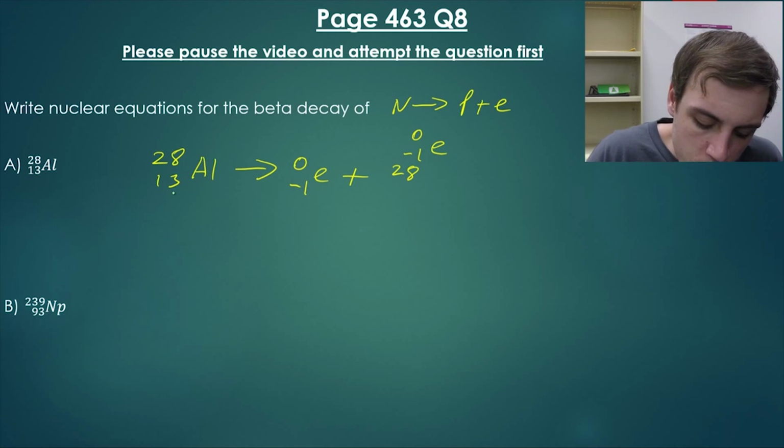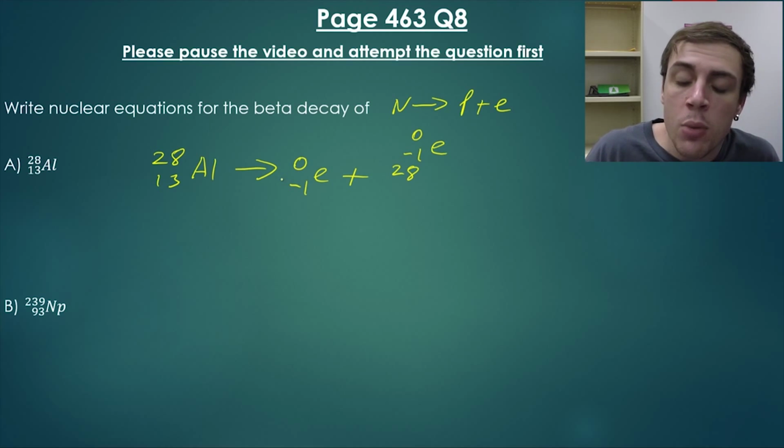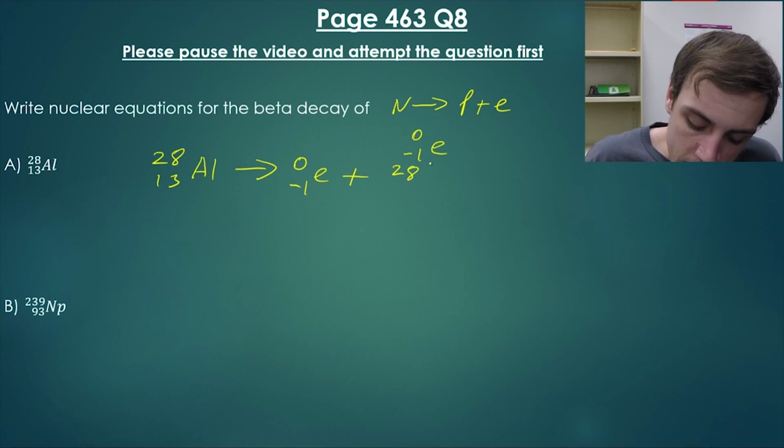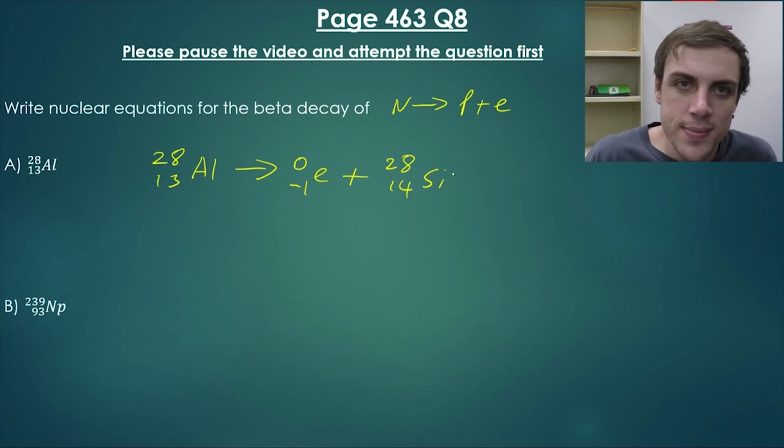However, our number of protons does. So 13, and we know that this number has to go up from a beta decay, because this is going to be losing a neutron and gaining a proton. So that means we're going to have not 13, but 14. Now we look at the periodic table and see which element matches 14, and that gives us silicon.